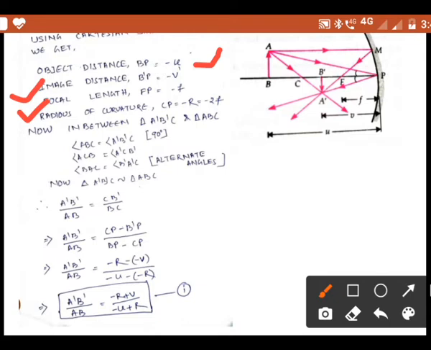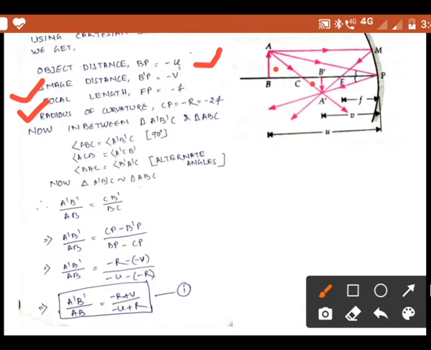Now in between triangle A dash B dash C and triangle ABC, look, angle ABC equal to angle A dash B dash C, both are 90 degrees. Angle ACB equal to angle A dash CB dash, opposite angles.